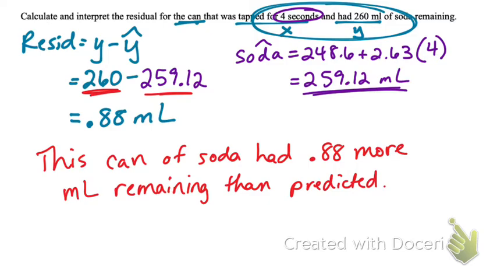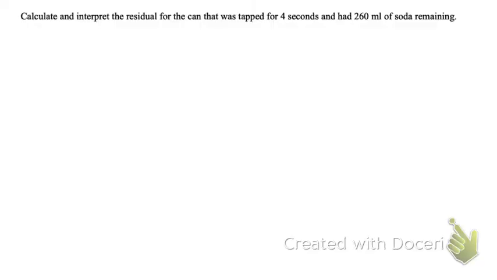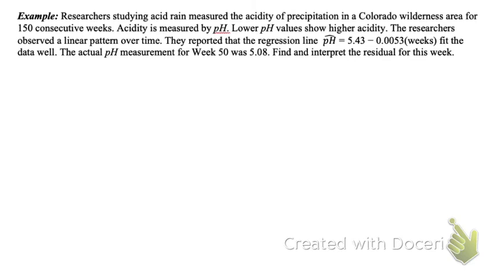All right, let's look at a different example. Researchers studying acid rain measured the acidity of precipitation in a Colorado wilderness area for 150 consecutive weeks. Acidity is measured by pH. Lower pH values show higher acidity. The researchers observed a linear pattern over time.